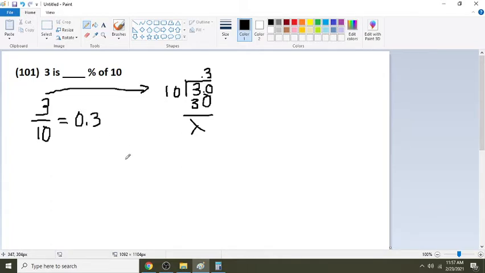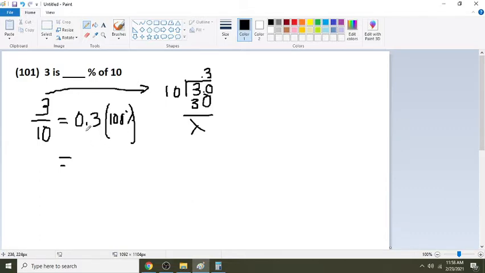And to convert this into percent, you're going to multiply it by 100%. All you have to do is move the decimal point 2 spaces to the right.